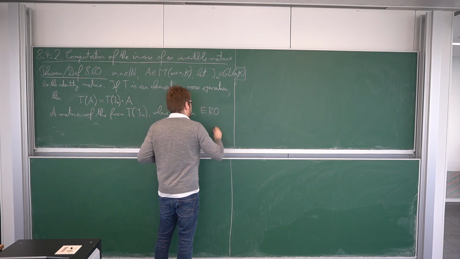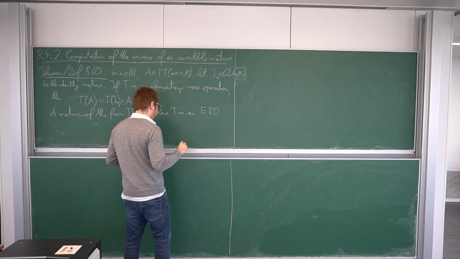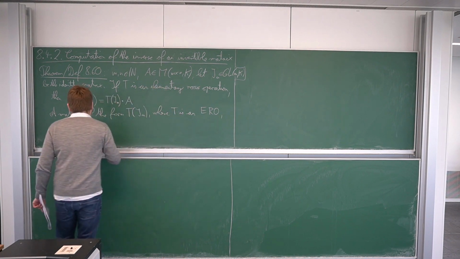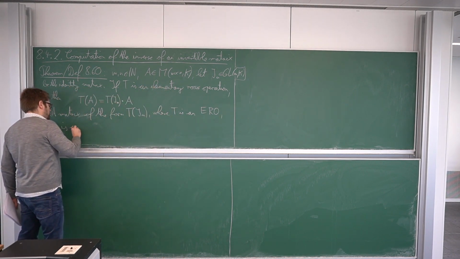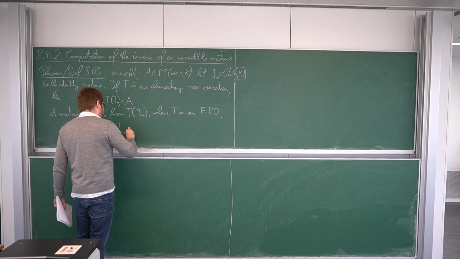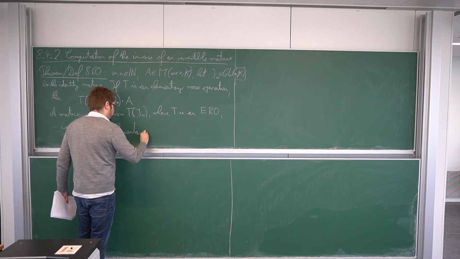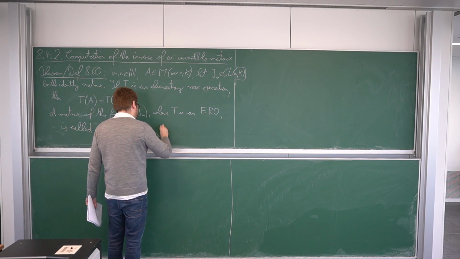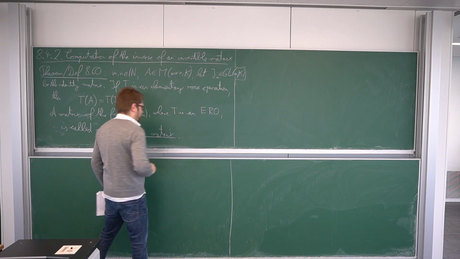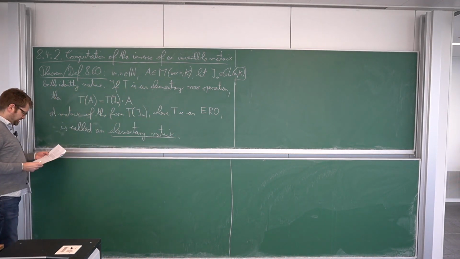Let me abbreviate this again: this is an ERO. Such a matrix is called an elementary matrix. This is the definition part of this theorem and definition. Okay, this is the notion of elementary matrix.